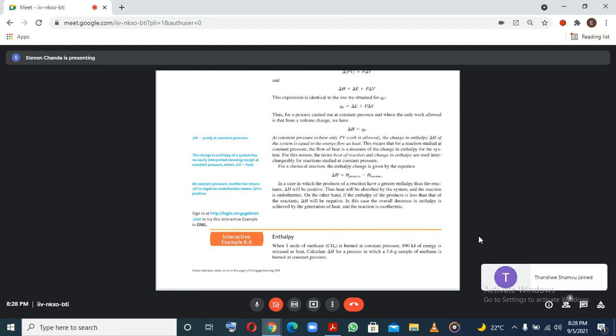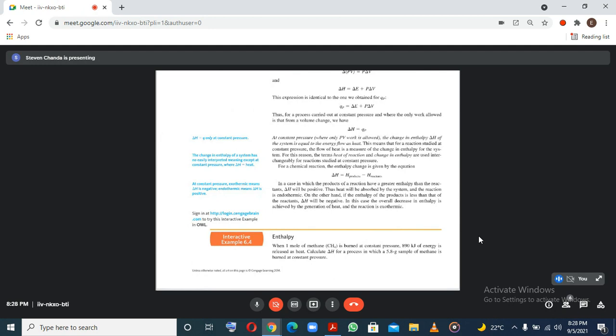Then, of course, if the enthalpy of the products is less than that of the reactants, we know that the change in enthalpy will be negative. And if the change in enthalpy is negative, it's because the products have got less energy than the reactants. But where has that energy gone? It's been lost to the surroundings.